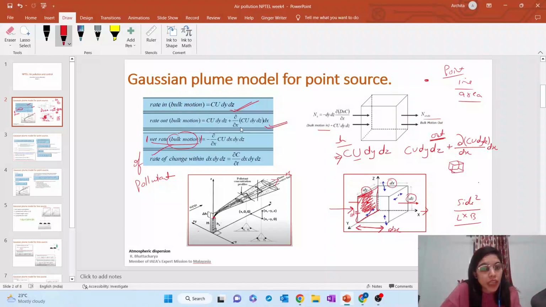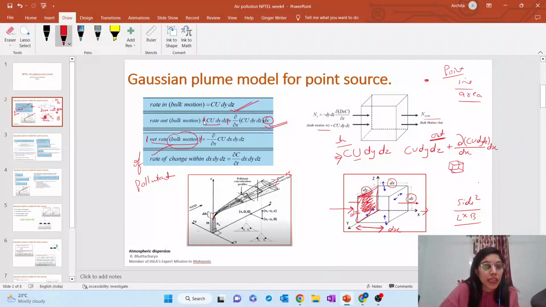So what we include in out is whatever has entered plus the displacement in the dx direction, because of the effect of dx direction on the emission that has entered into the point. So this will be the final term, the out rate for bulk motion.